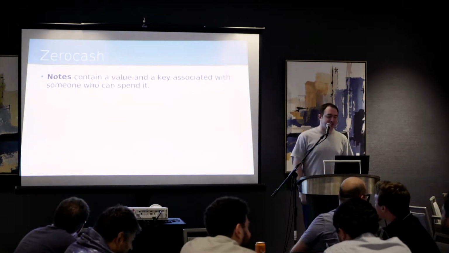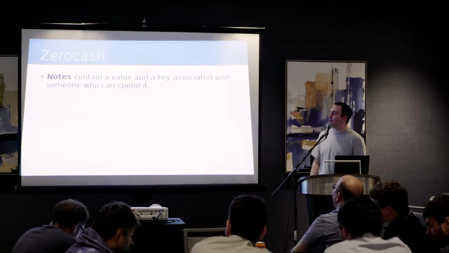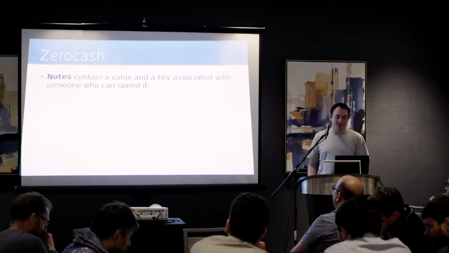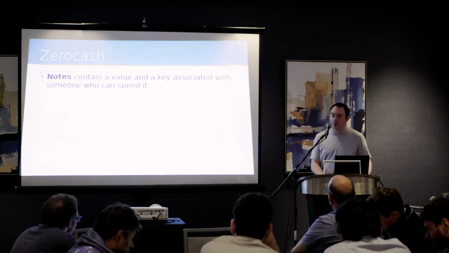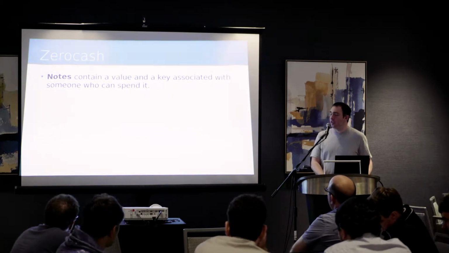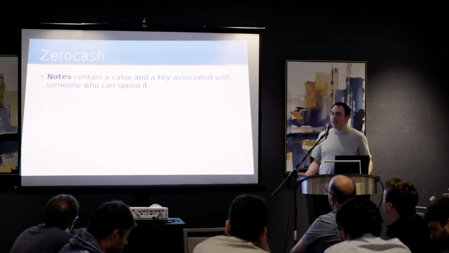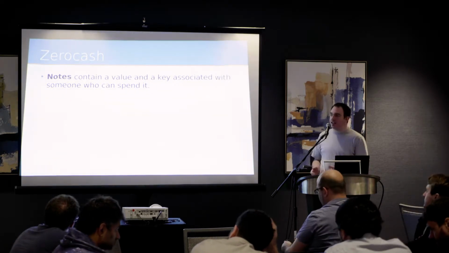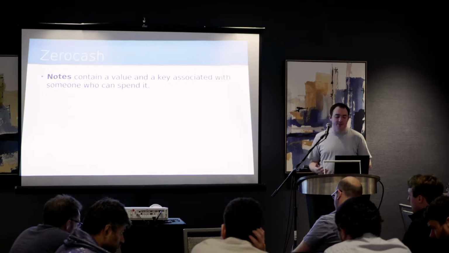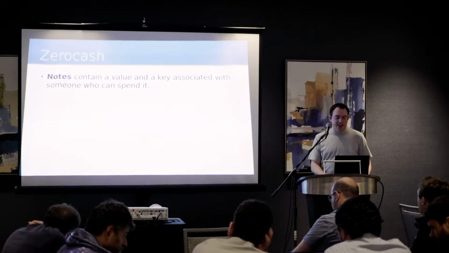So, just to give a quick recap of how Zerocash works. Basically, and this is the terminology that we use, not really the Zerocash paper's, there are these things called notes. You can think of them kind of like UTXOs in Bitcoin. They contain a value and a key that's allowed to spend the value, a public key.